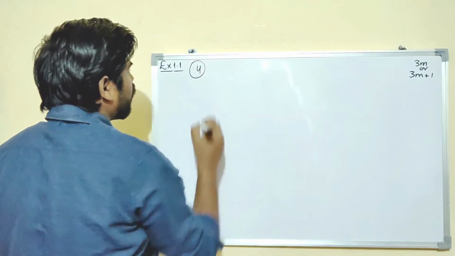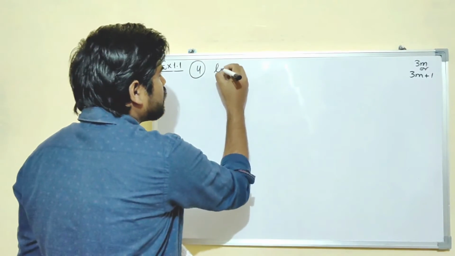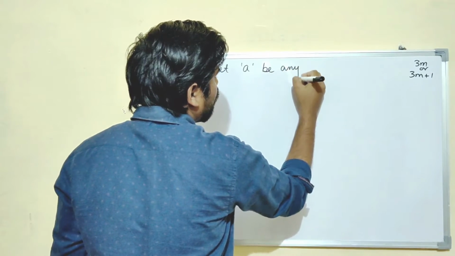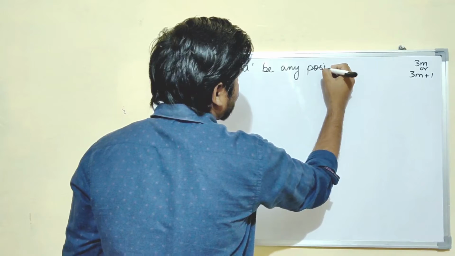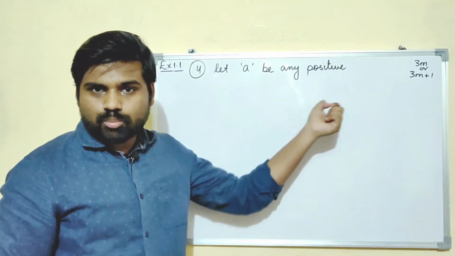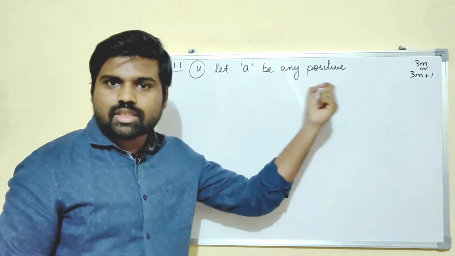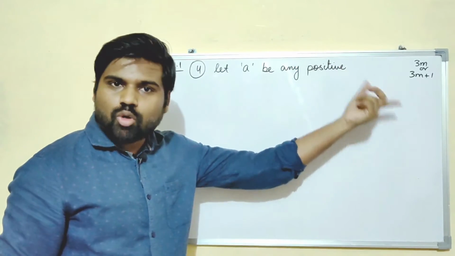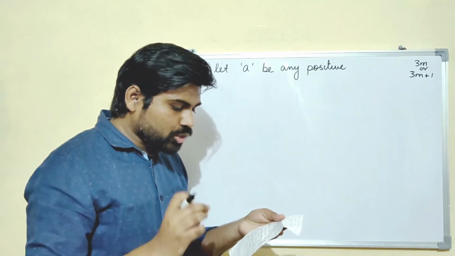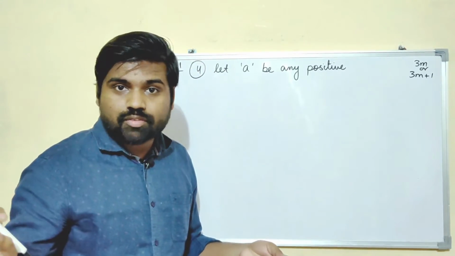Fourth question. Okay, now let a be any positive integer. See the question once again. It is said to show that the square of any positive integer.